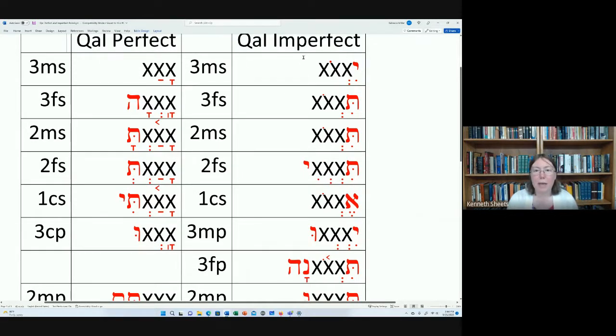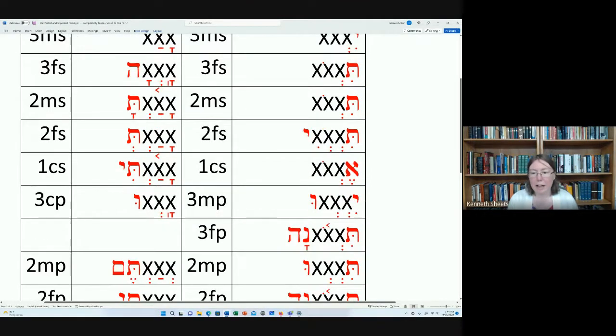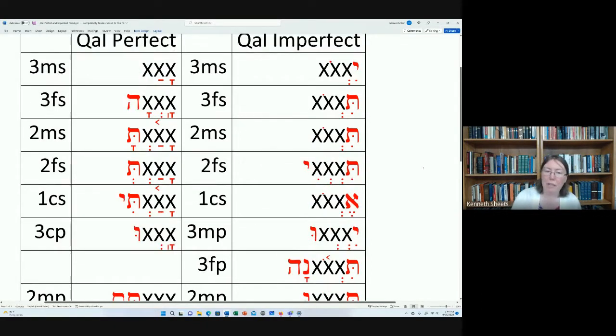And so that correlates very nicely with what we see here as we go through this chart for the qal imperfect. So qal imperfect, third masculine singular, yiqtol. Third feminine singular, tiqtol. Second masculine singular, tiqtol. Second feminine singular, tiqteli. First common singular, eqtol. Third masculine plural, yiqtelu. So notice how we can tell the difference between the third masculine singular and the third masculine plural.